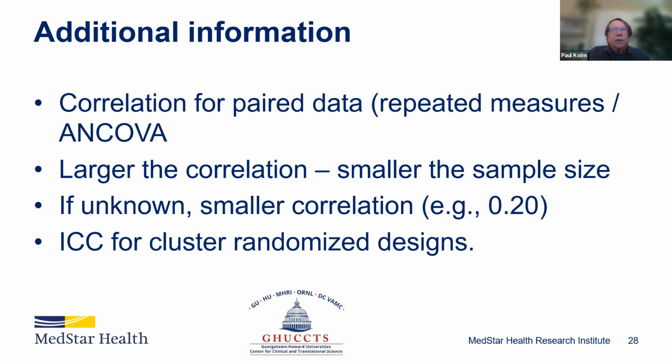The larger the correlation, the smaller the sample size, and vice versa. And oftentimes this is a real unknown because you are not real sure. And so often if I calculate this, I'll take a correlation of 0.2, which is a little on the small side, which would give you a larger number of subjects or patients that you would need.